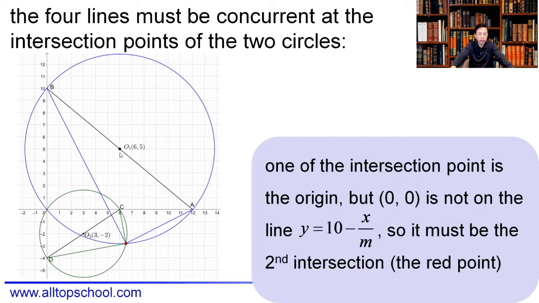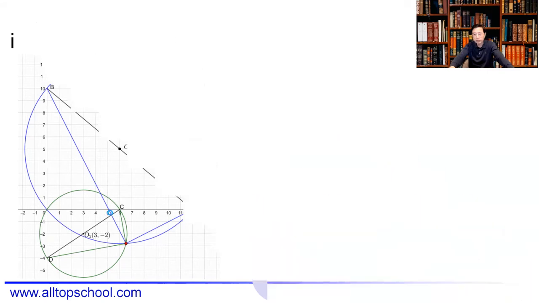So we can utilize the intersection point of O1, O2, and the common chord. That point we call M, which is the midpoint of the origin and the red dot. So in that case, we can find the red dot after we get this intersection point. So that's the smarter way to do it.